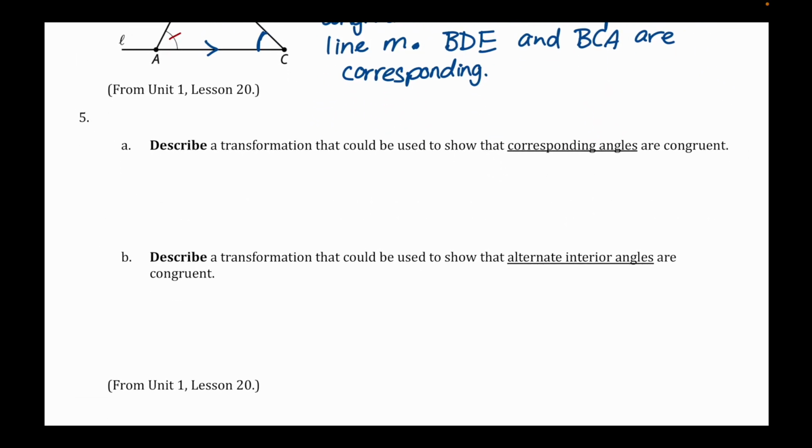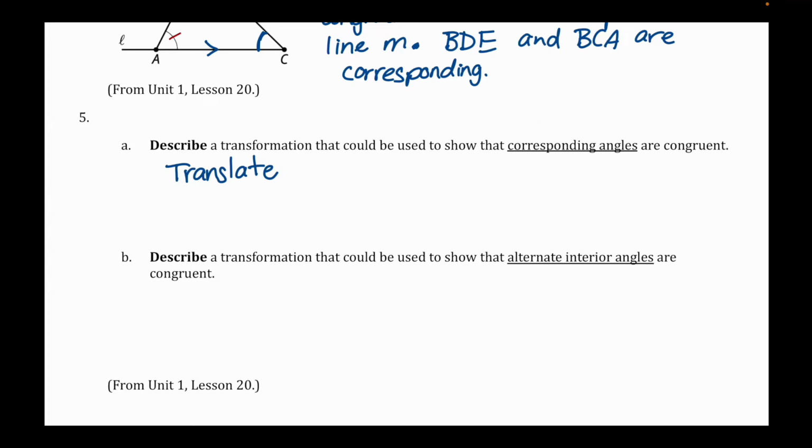This says describe a transformation that could be used to show corresponding angles are congruent. And then part B is to describe a transformation to show alternate interior angles are congruent. So a transformation that would show corresponding angles is to translate, because these are going to be in pretty much the same general position, we can translate them along the transversal and show that they map onto the other one.